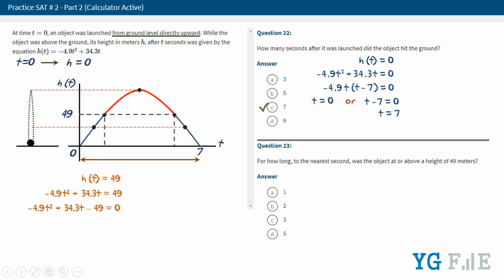From our first equation, we know that 34.3 is divisible by 4.9. So we can simplify our quadratic equation by dividing both sides by minus 4.9. Here we divide by a negative value to make the coefficient of t squared positive.